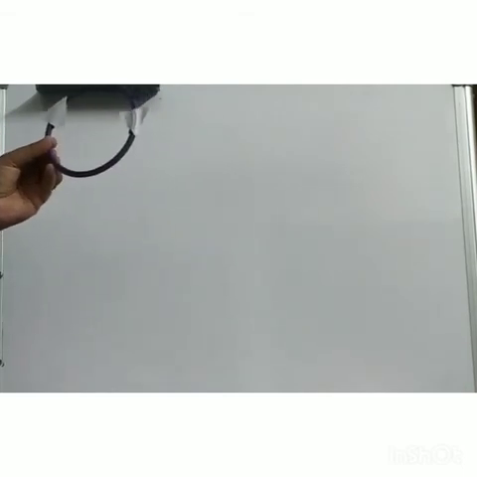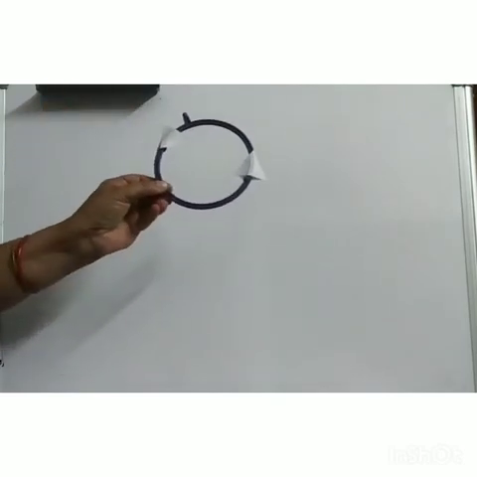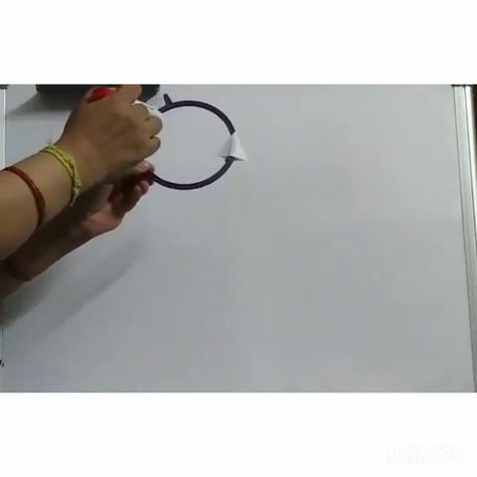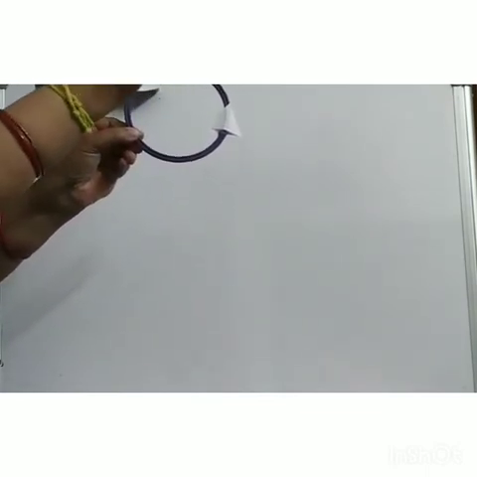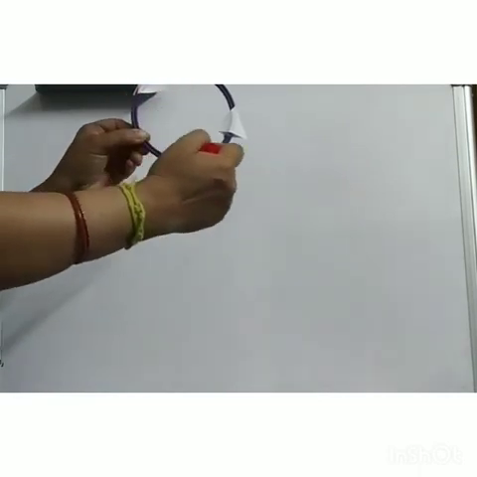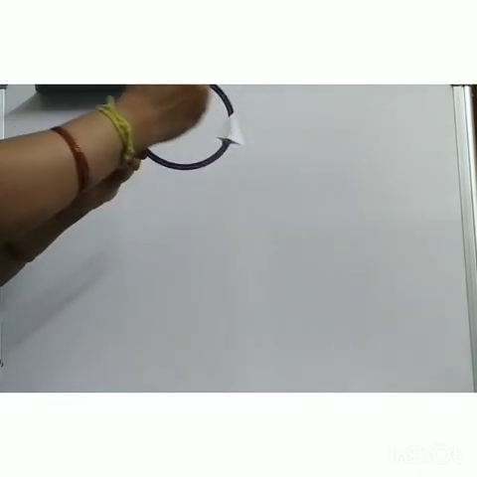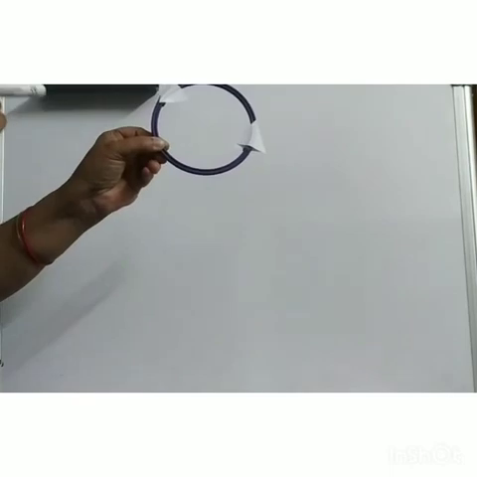Now, suppose here you can see this. So your current is flowing like this. For you, when you are looking from this side, it is an anti-clockwise current flow. When it is an anti-clockwise current flow, what have we observed?